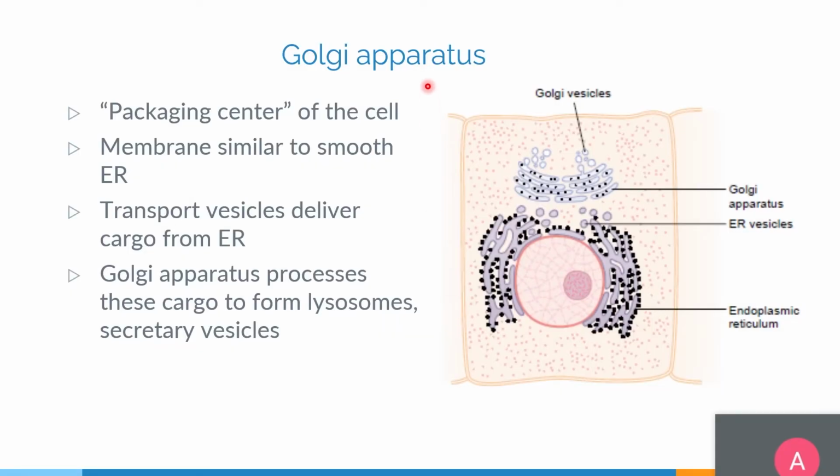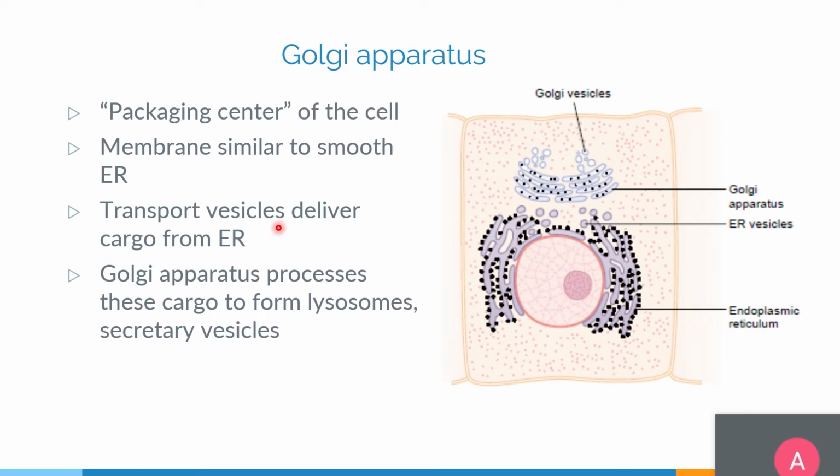Next, we look at the Golgi apparatus. The Golgi apparatus is known as the packaging center of the cell. It has a membrane similar to smooth ER, and it creates transport vesicles to deliver cargo.